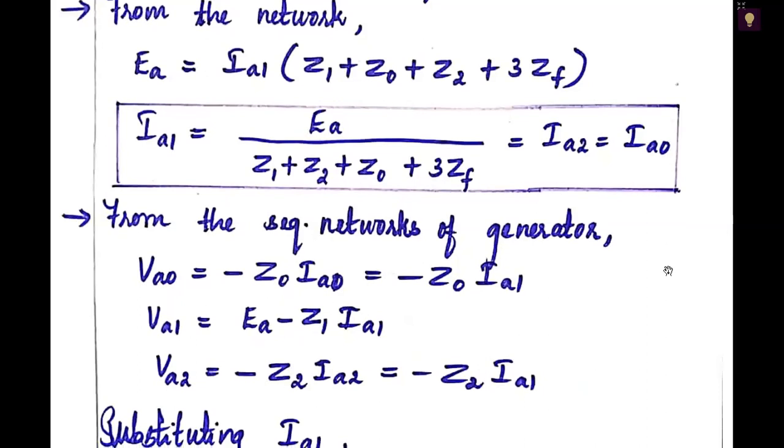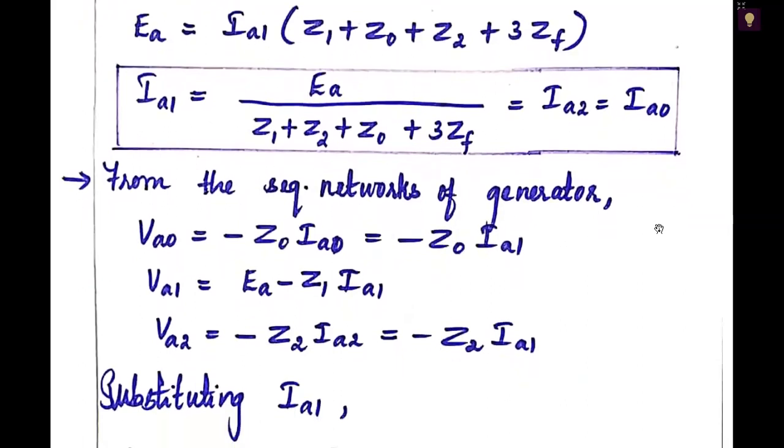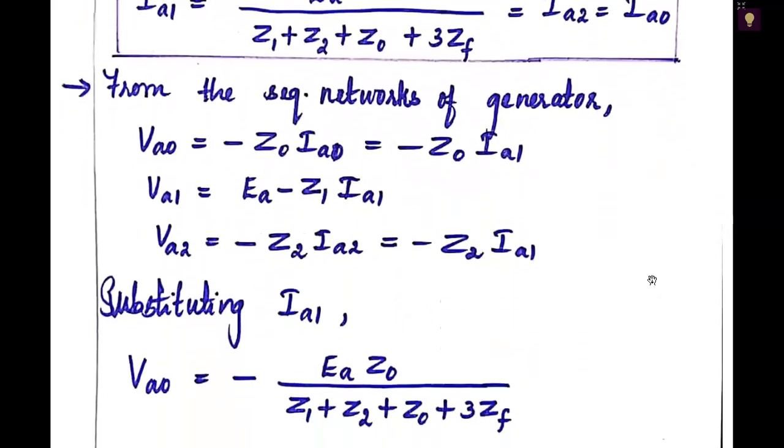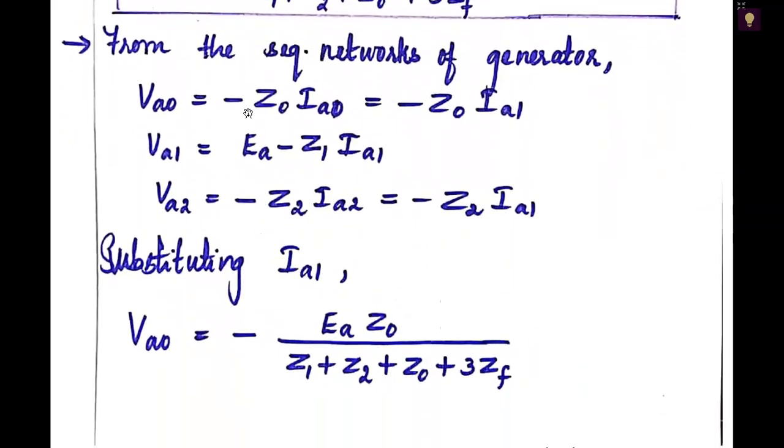To find the sequence component expressions of voltages, we take the equations from the generator sequence networks. VA0 is minus Z0 IA0, and we substitute IA0 as IA1. VA1 is written as such. VA2 is minus Z2 into IA2, which is minus Z2 into IA1. Now we have the expression for IA1. Take the equation for VA0 and substitute IA1 as EA divided by Z1 plus Z2 plus Z0 plus 3ZF.